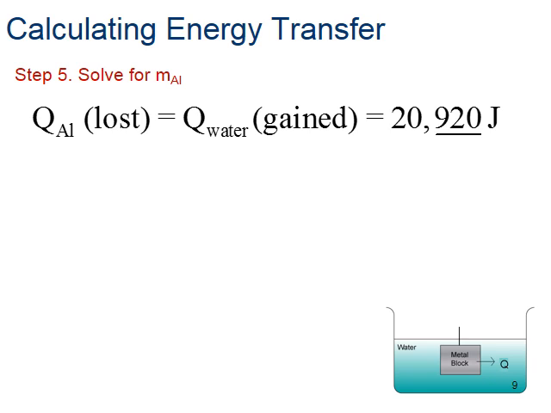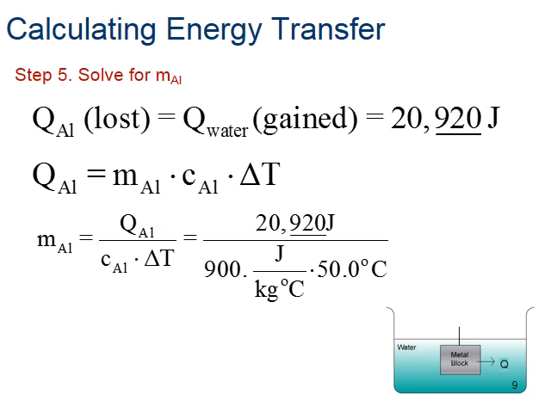Technically, that's 20,920 joules. So if we use Q equals mc delta T for aluminum, rearrange and solve for m, and plug in our values, 20,920 joules divided by the specific heat and temperature change, we get a mass of 0.46 kilograms or 460 grams. Pretty easy.